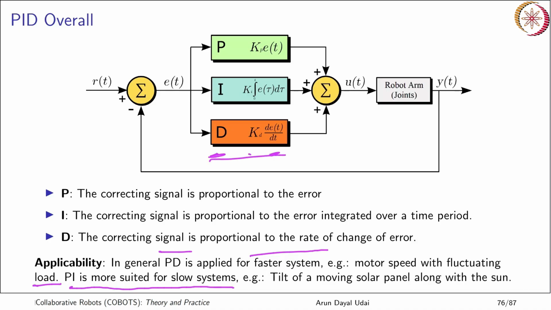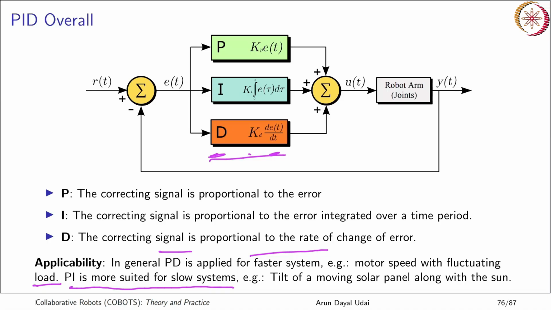So this becomes not much effective. In that case, PI is very much suited for slower systems, like tilt control of a solar panel moving along with the sun. If your sun is moving, your panels move so as to get the maximum efficiency. Let's say you have a system like that, so it takes the whole day to go from one position to the next, from sunrise to sunset.